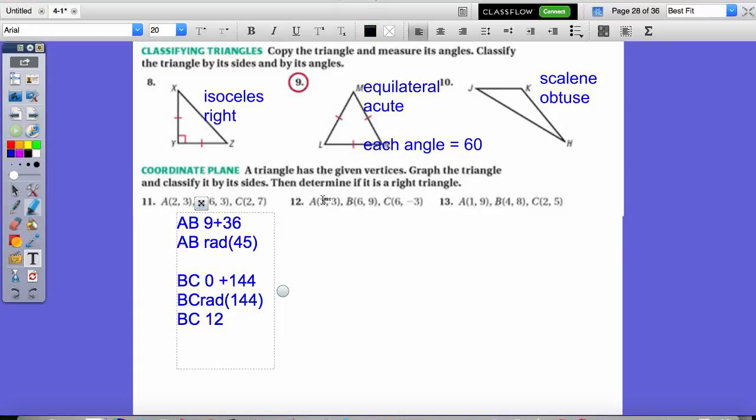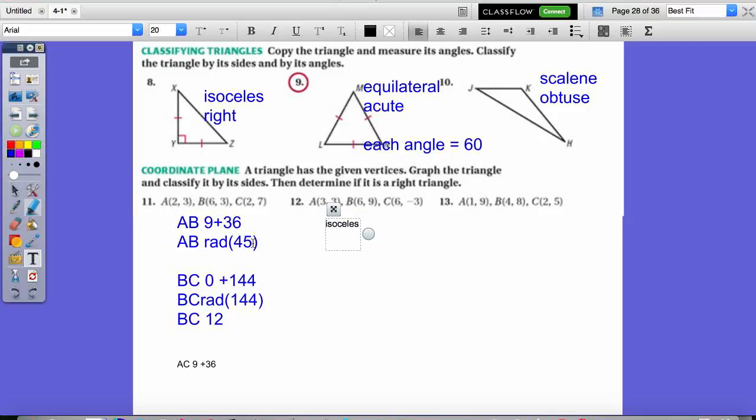So 3 minus 6 is negative 3. Quantity squared is 9. Plus 3 minus negative 3 is 3 plus 3 is 6, and that's 36. So right away I can see that AB and AC are equal again. In length, BC is not, so it is isosceles.